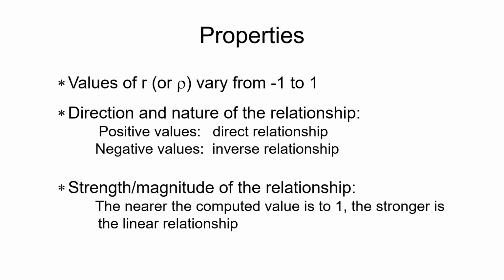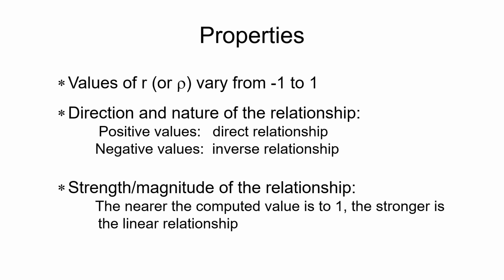The first property implies that R, or rho, or the correlation coefficient, can either be a positive or negative number.